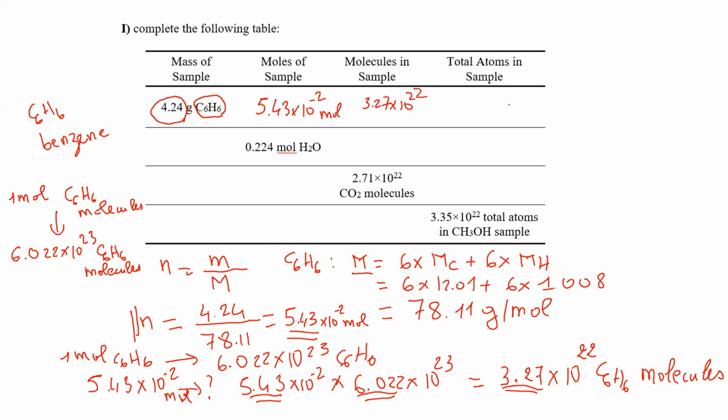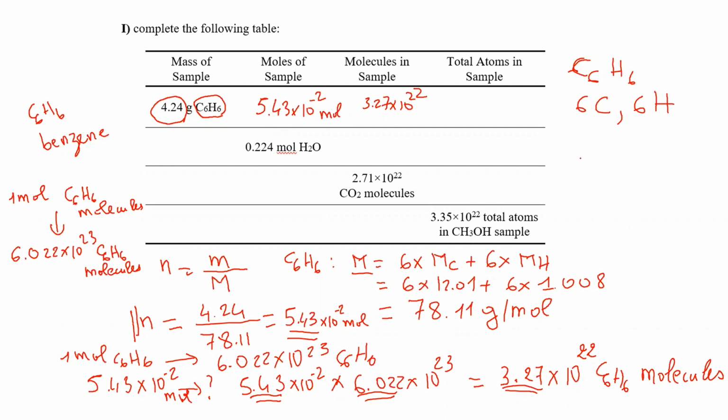Now, what is the number of total atoms? In C6H6, we have 6 carbon atoms and 6 hydrogen atoms. So we have 6 times 3.27 10 to the power 22 carbon atoms, and 6 times 3.27 10 to the power 22 hydrogen atoms.